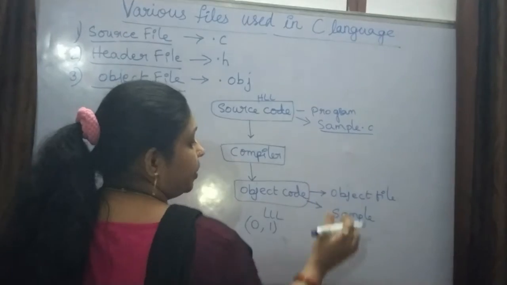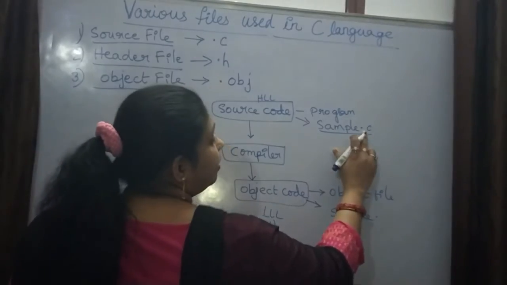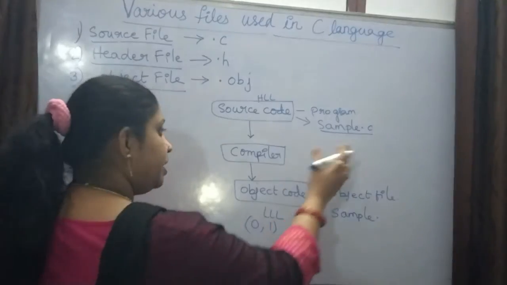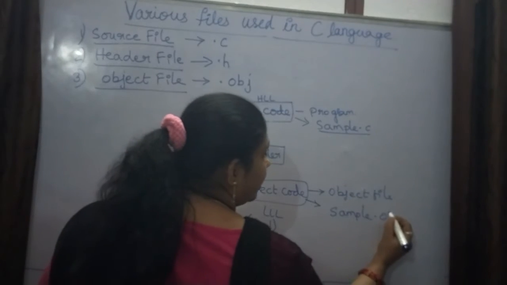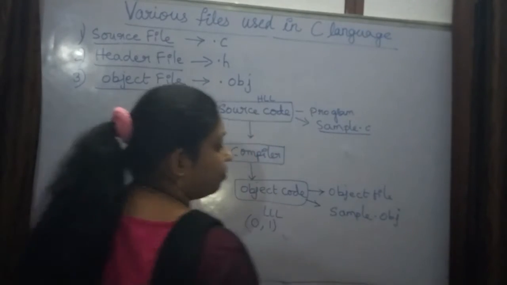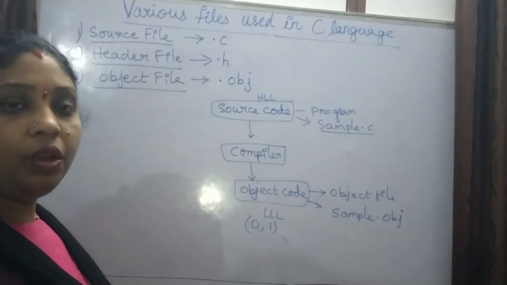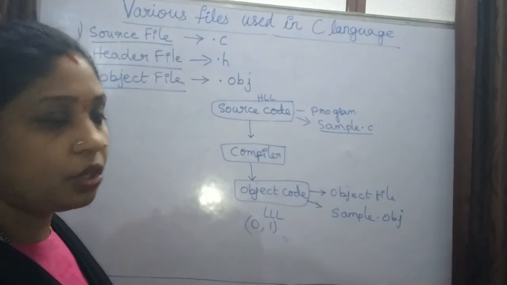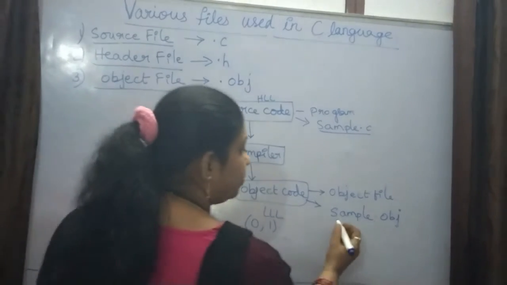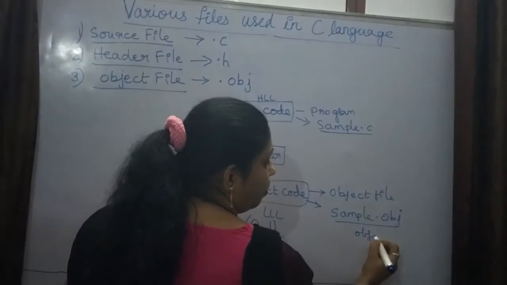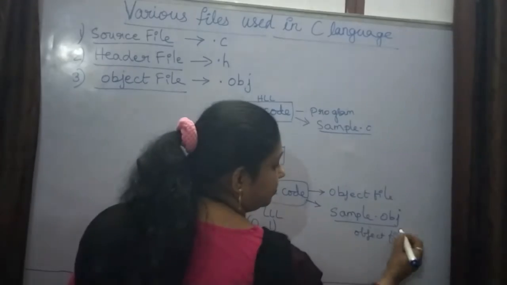It will remove the .c and give the extension .obj, which is called an object file.